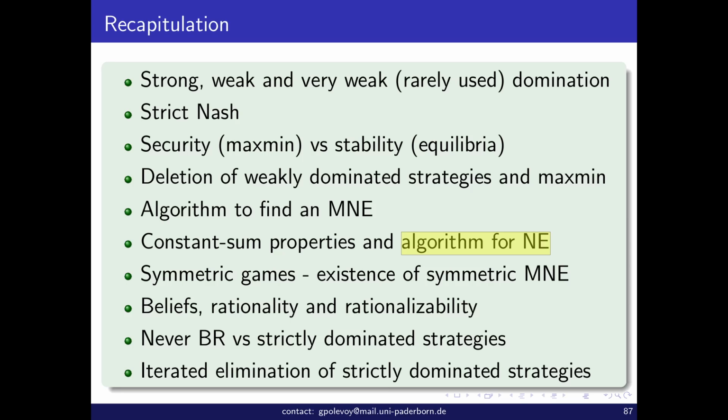When I say constant sum, I mean two-player constant sum. That's a class for which we know many other things. Actually, probably we have not proven anything which would work for constant sum which is not two-player. When I say constant sum, unless I emphasize that it's for anything, I mean it's for two-player.